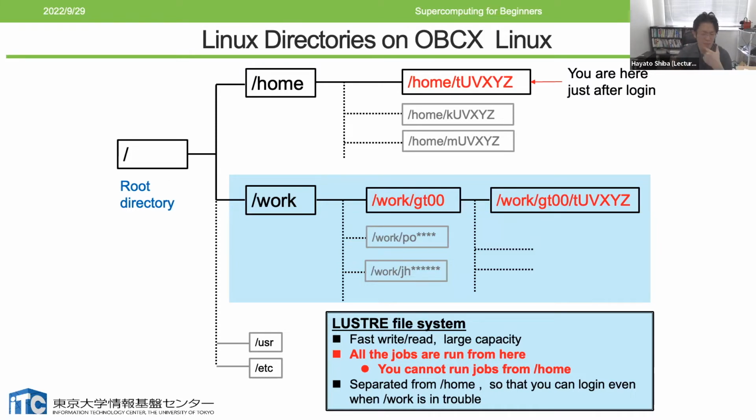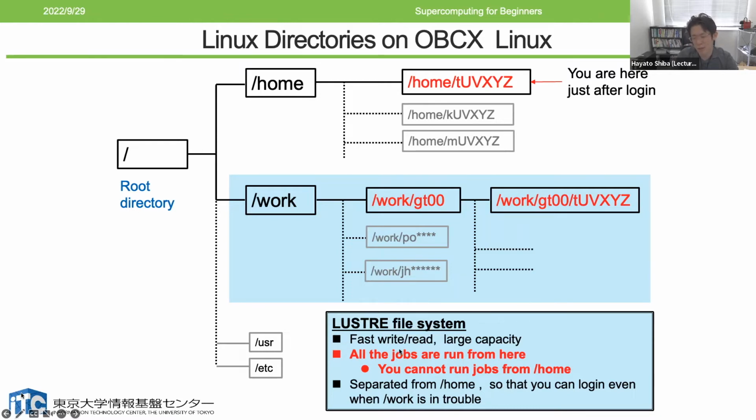It means that we should use another directory which we call work here. The Lustre storage is pointed to by this directory. By moving to work, you can move onto the Lustre storage, and home is not the Lustre storage. This is a special thing, and compute nodes can refer to the Lustre storage.